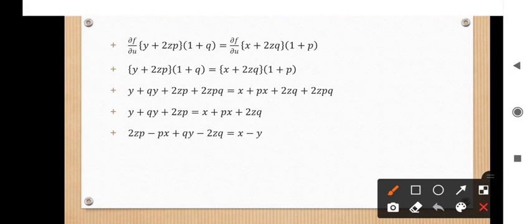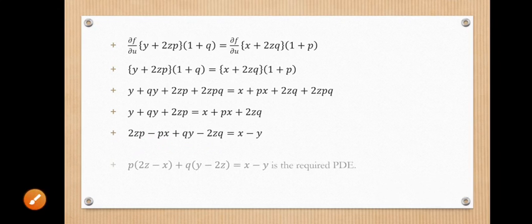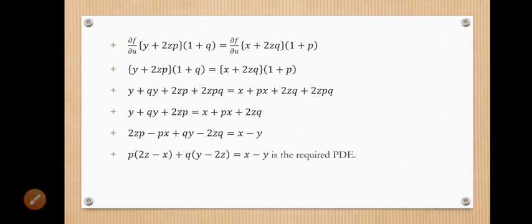Then by taking p common from first two terms and q common from last two terms, we can write the equation as p into 2z minus x plus q into y minus 2z equal to x minus y. And this is the required partial differential equation which is obtained by eliminating the arbitrary function f from the given function z.